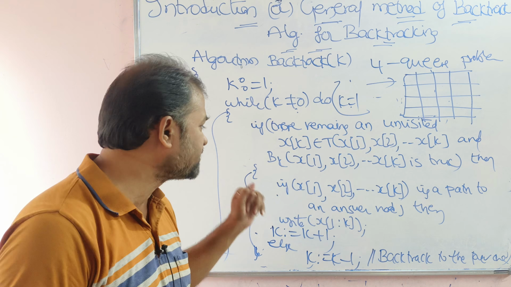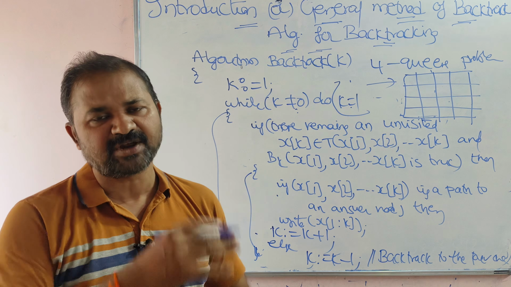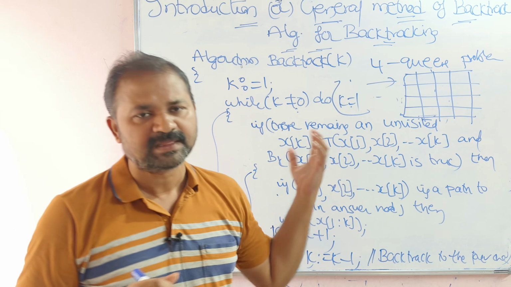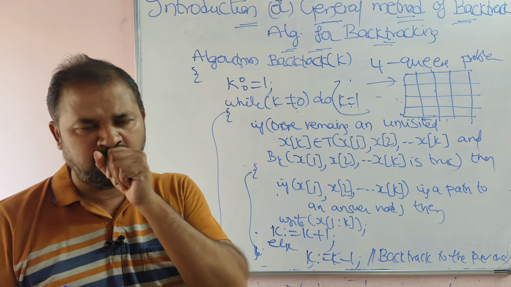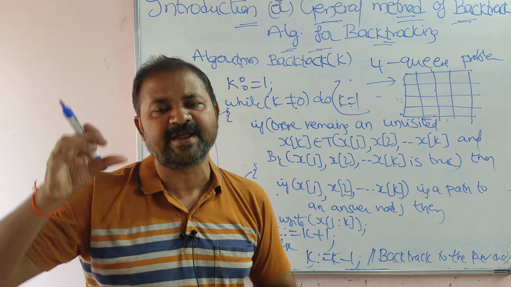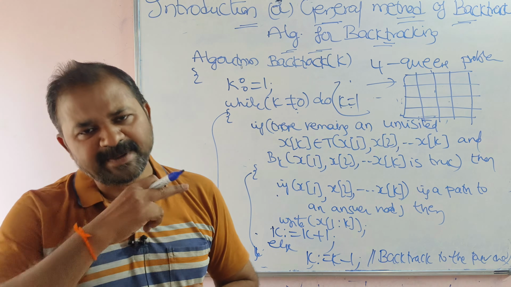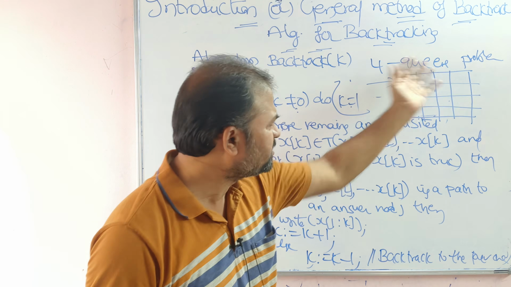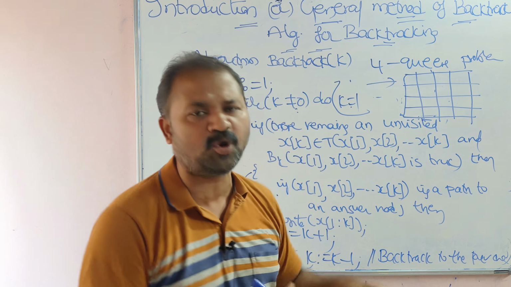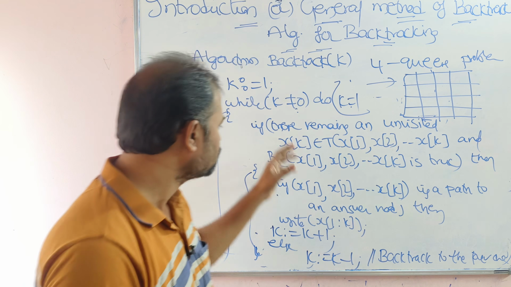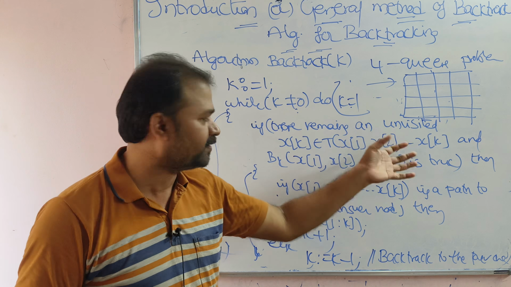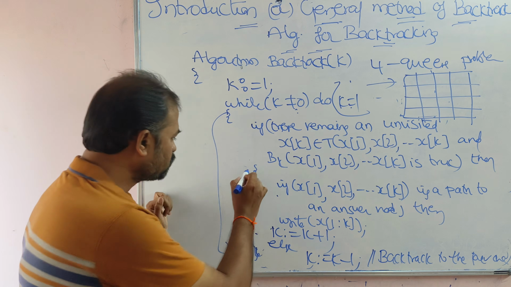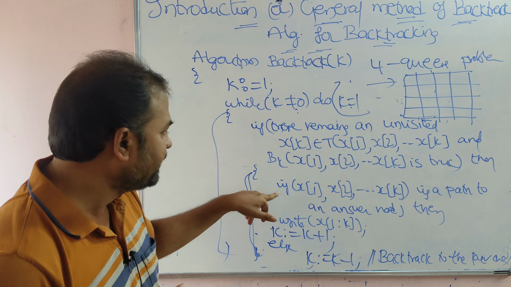Here B_k specifies the bounding function. For the 4 queens problem, the bounding function is that 2 queens cannot be in the same row, the same column, or the same diagonal. Initially this entire chessboard is free, so both conditions are true, and the body will be executed.